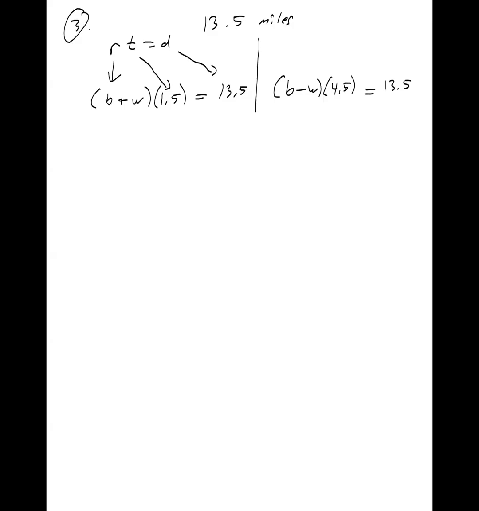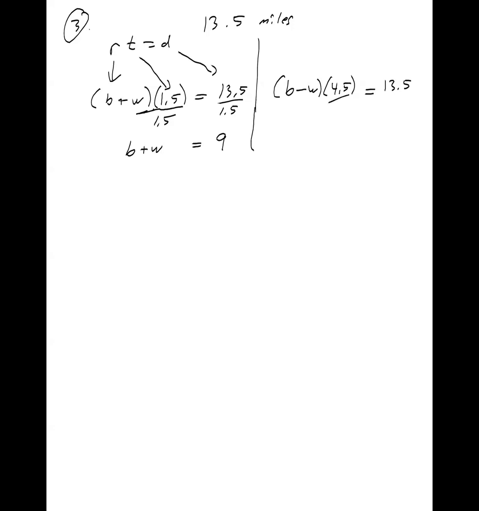Now we're going to divide this side of the equation by 1.5. So the question is, what is 13.5 divided by 1.5? That's equal to 9. So we get the boat plus the water equals 9.